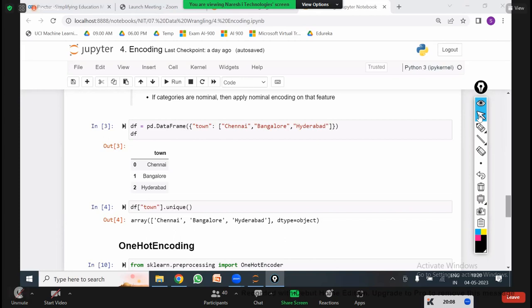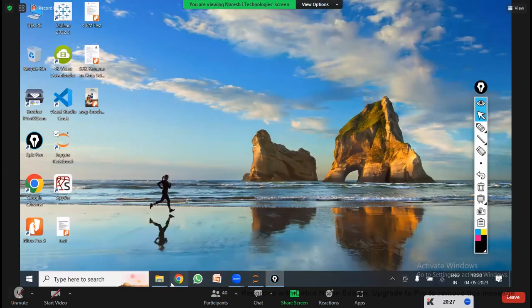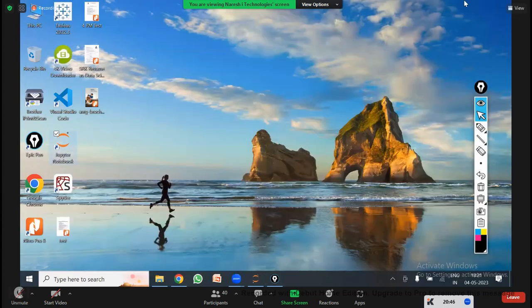Out of which the first one is called data cleaning, and the second one is called data wrangling. Just give me a minute, I'm opening a new notepad.